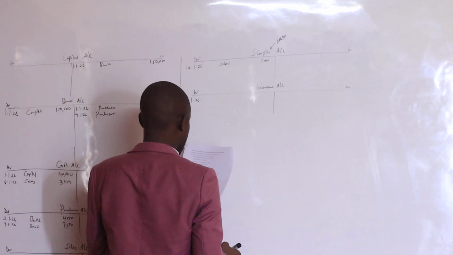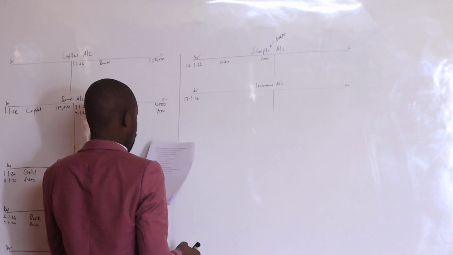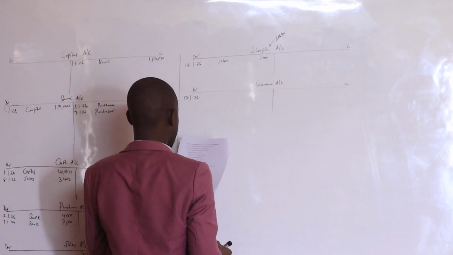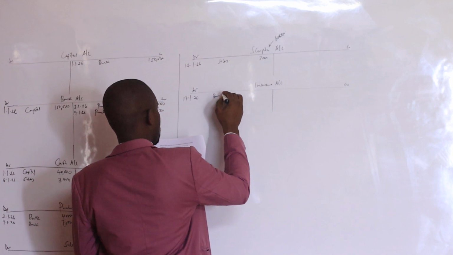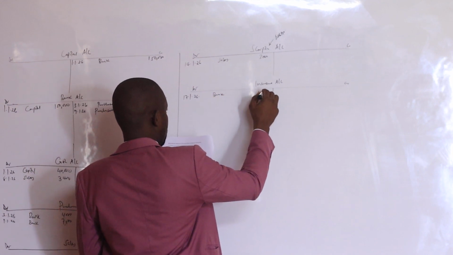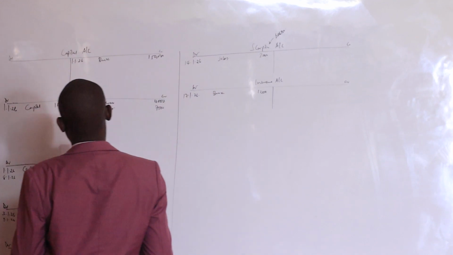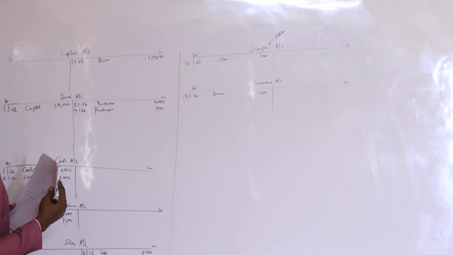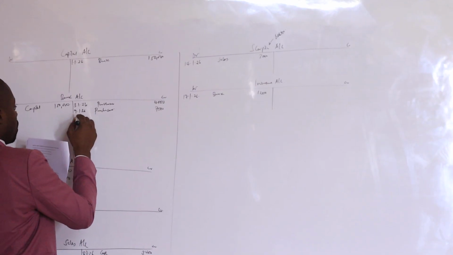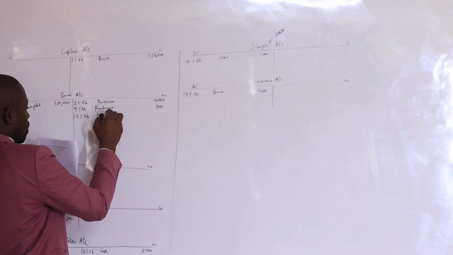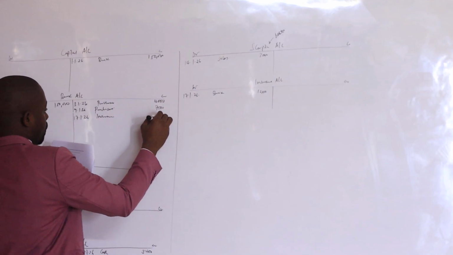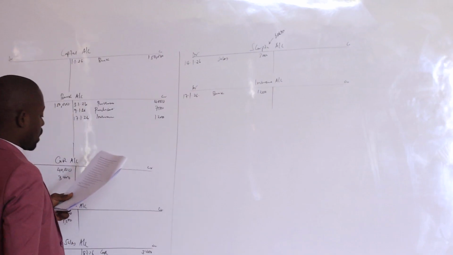We paid it by check. So I'll write here bank, 1,200. Then bank will come and reduce by the amount that has left. That is insurance, 1,200. We got the next one.